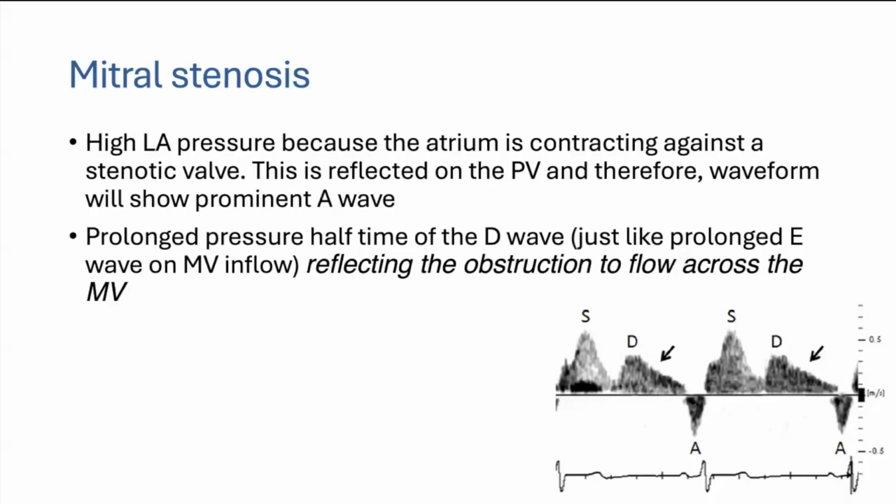The D wave becomes longer, and you can see it here. And then the last piece is the A wave becomes longer because of the elevation in the LA pressure. This is also reflected by the prolonged E wave across the mitral valve inflow.